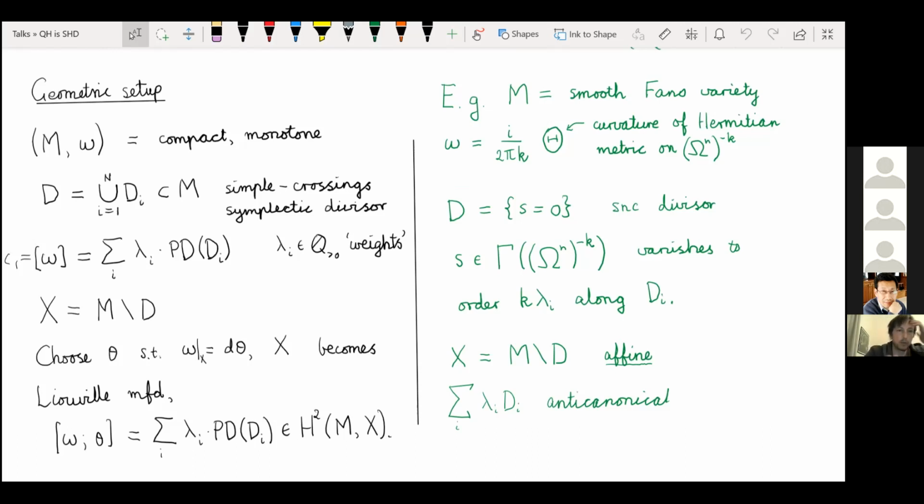That's what this simple crossings condition, the appropriate symplectic version of the simple crossings condition, means.